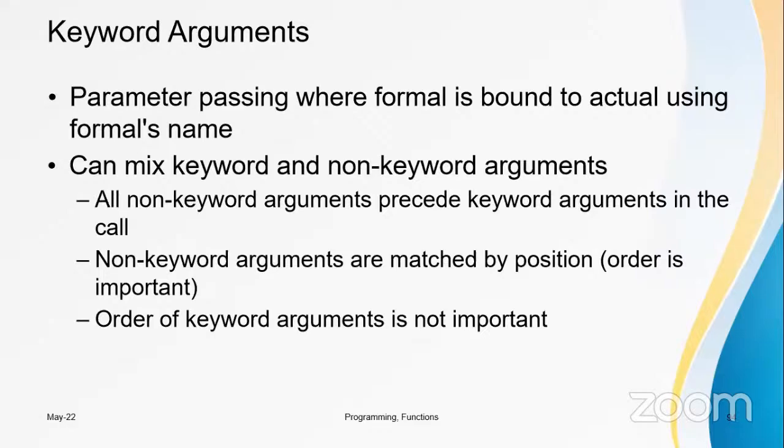So order is important, order of keyword is not. Anyway, last name can be first, you can declare first name in the last. So the order of the keyword arguments does not matter, but non-keyword arguments are matched only by position, whereas keyword arguments are not like that. You can put them in any order, it will accept.